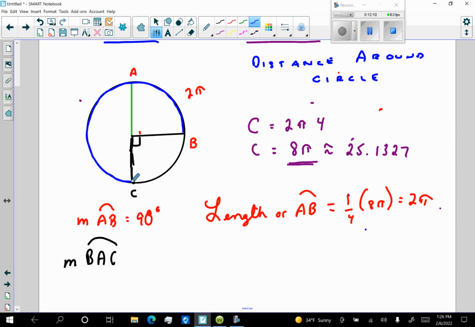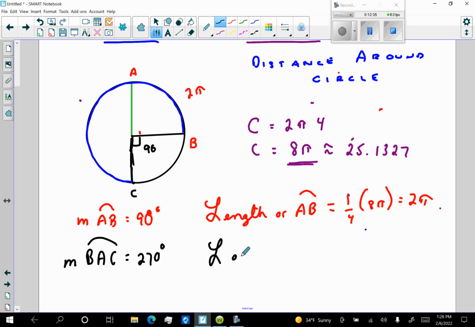Well, I think we should be able to figure out pretty easily that the measure of this major arc, because it's greater than 180 degrees, BAC, is going to be 270 degrees. I think we're correct.